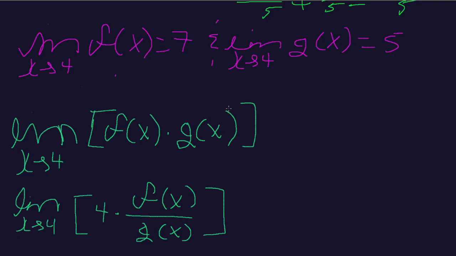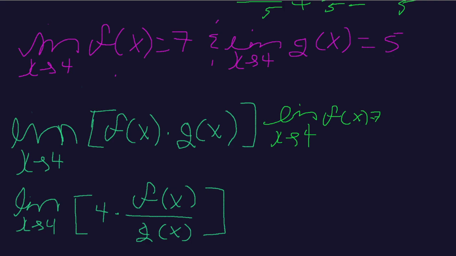But here we have 7 times 5. Each one has their limits respectively. As x approaches 3, 4, rewrite that, f of x equals 7.